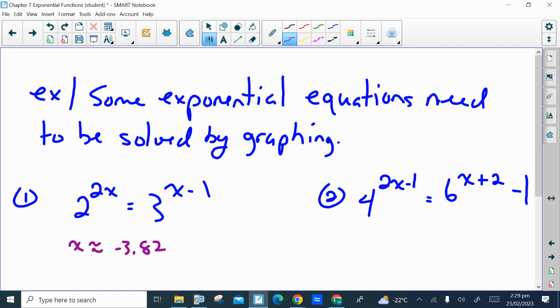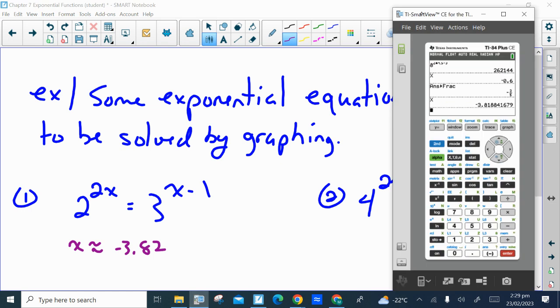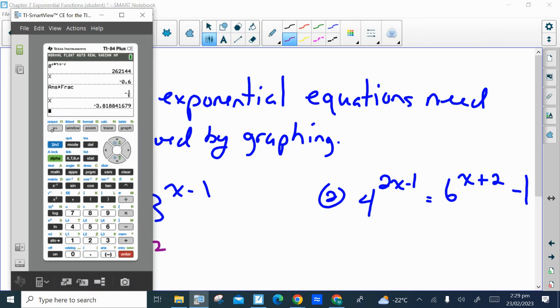For question 2, same thing. We'd use our graphing calculator. So it's 2 to the power 2x minus 1 is our first equation. That will go into y1. The right side would be 6 to the power x plus 2 minus 1.